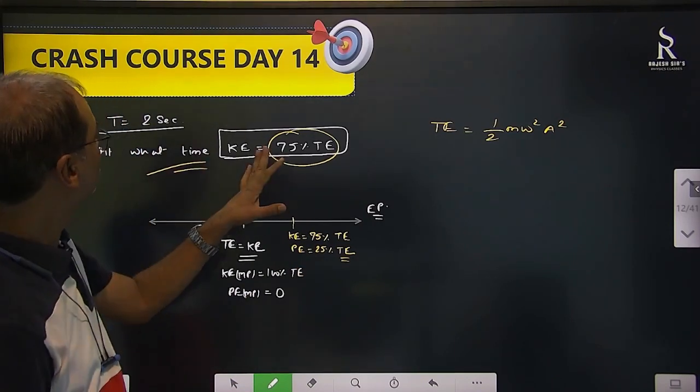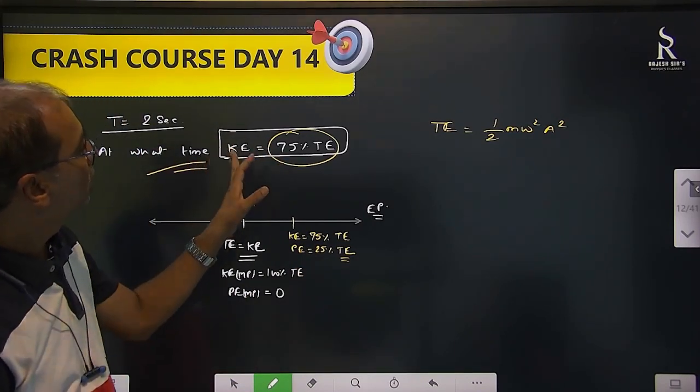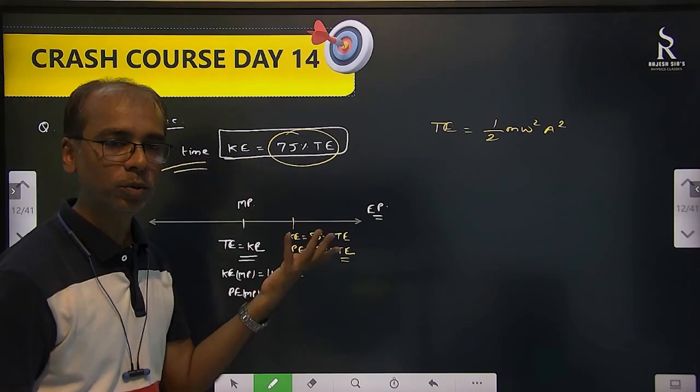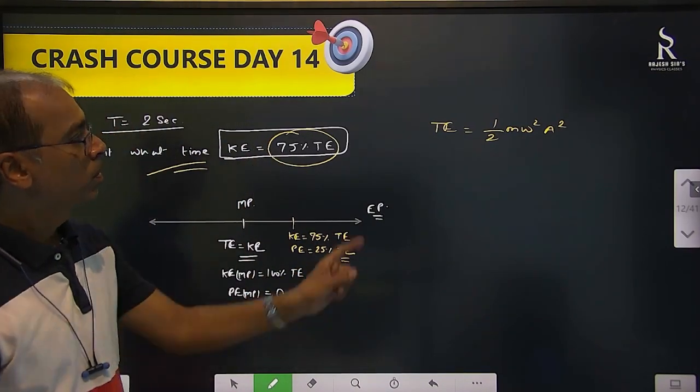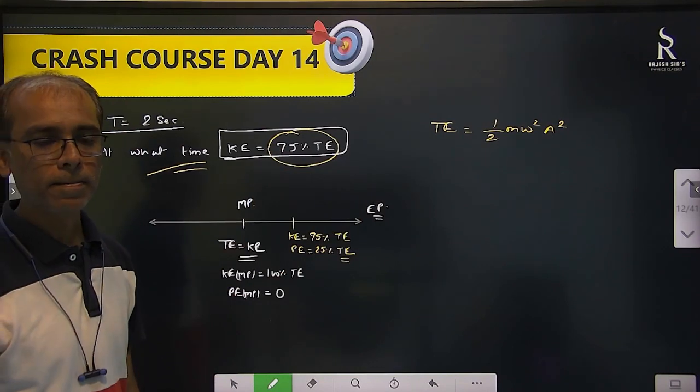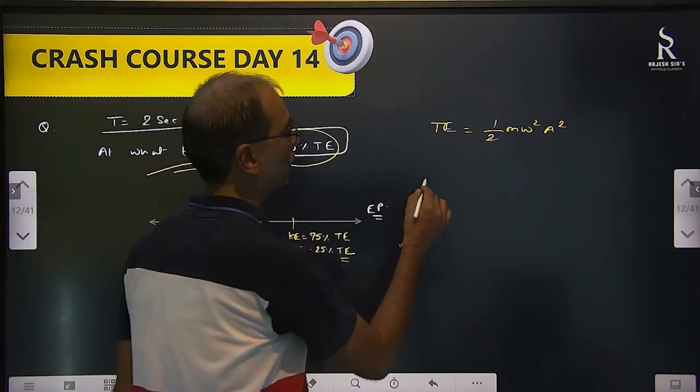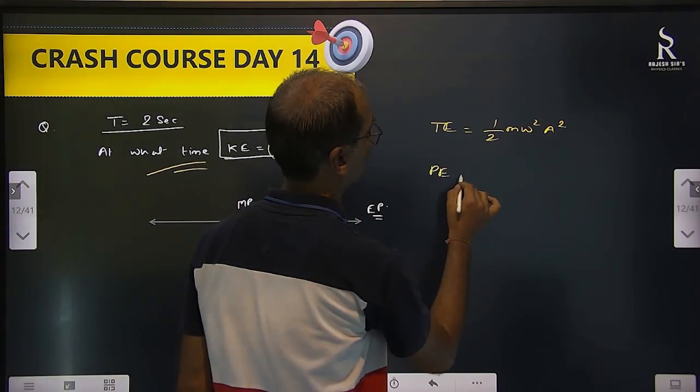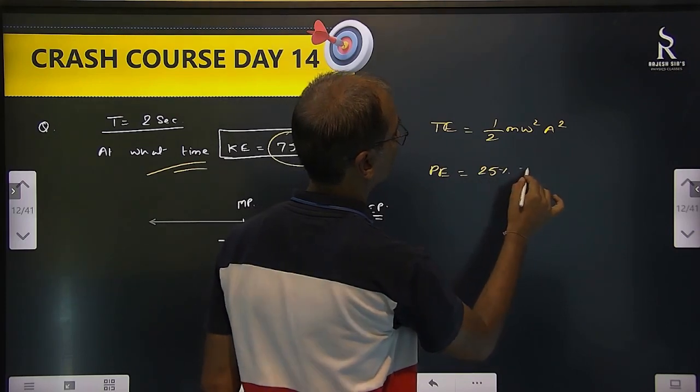So if suppose I am asked at what time potential energy is 25% of total energy, both are same answers. Okay, total energy is this. Now potential energy is 25% of total energy.